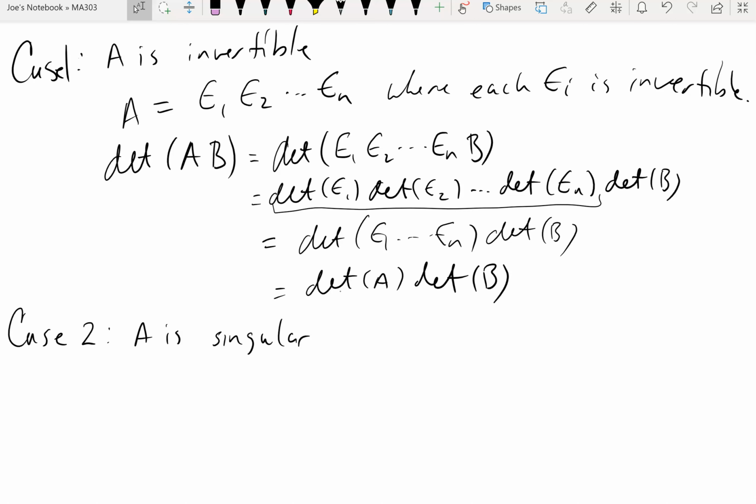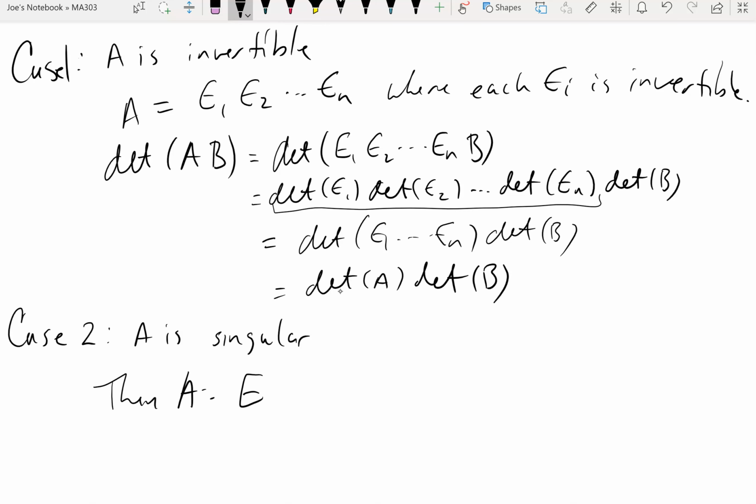what happens when we put A in reduced row echelon form? What has to happen when we put A in reduced row echelon form if it's singular? What has to be a characteristic of that reduced row echelon form? It has to have a row of zeros, right?